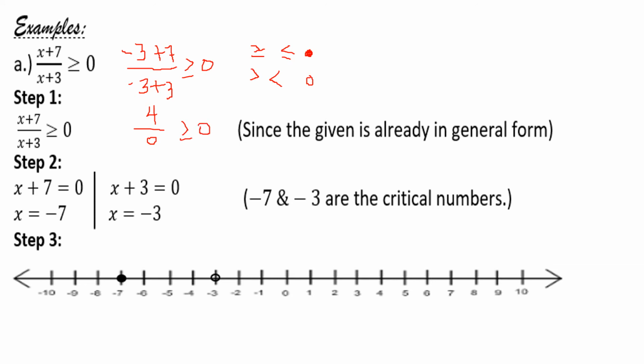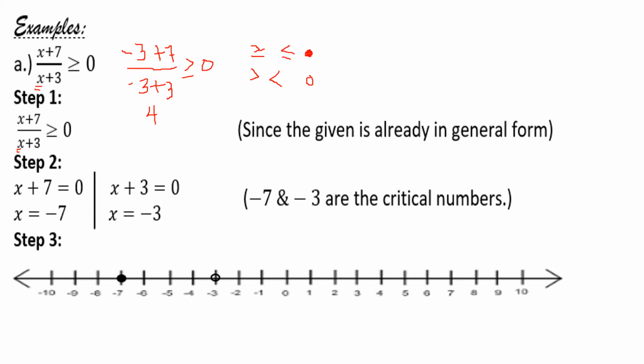Take note again that our denominator must not be equal to 0 since our rational expression will become undefined. So that's why we use a hollow point here. Because if we substitute negative 3 to our x variable, our rational inequality becomes undefined. That's why hollow. Not included. Negative 3 is not allowed.